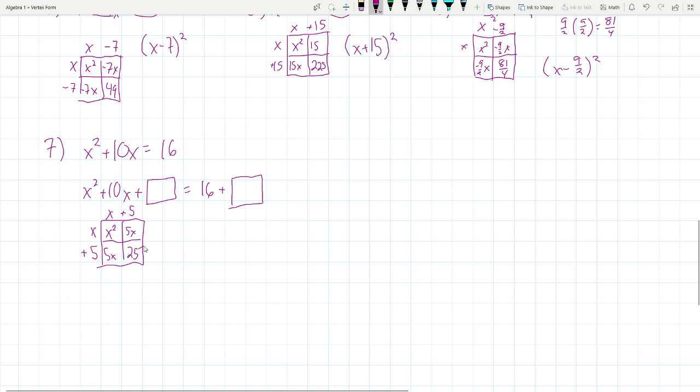So what I need to do is add in 25. But like we just said, we can't just arbitrarily do that. We need to do it to both sides. And so what I get is x squared plus 10x plus 25 equals 16 plus 25.